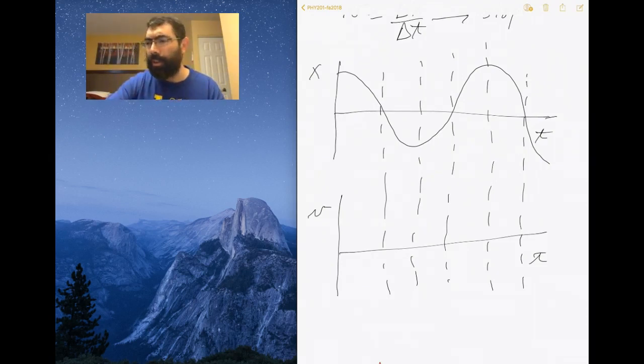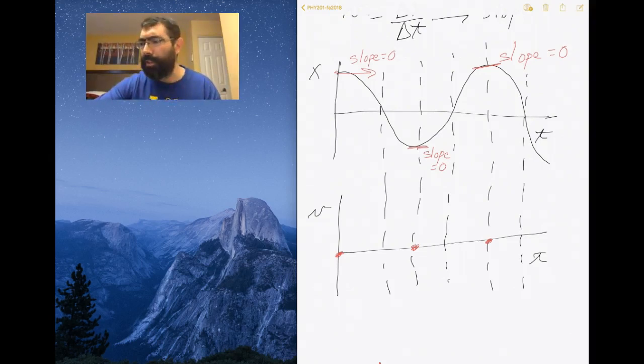So when t is equal to 0, the slope is 0. When t is at this minimum, the slope is 0. When t is at the maximum here, the slope is 0. So therefore, we're starting off with 0, 0, and 0. Now, at this time here, where the position is equal to 0, the slope is going to be maximum negative.